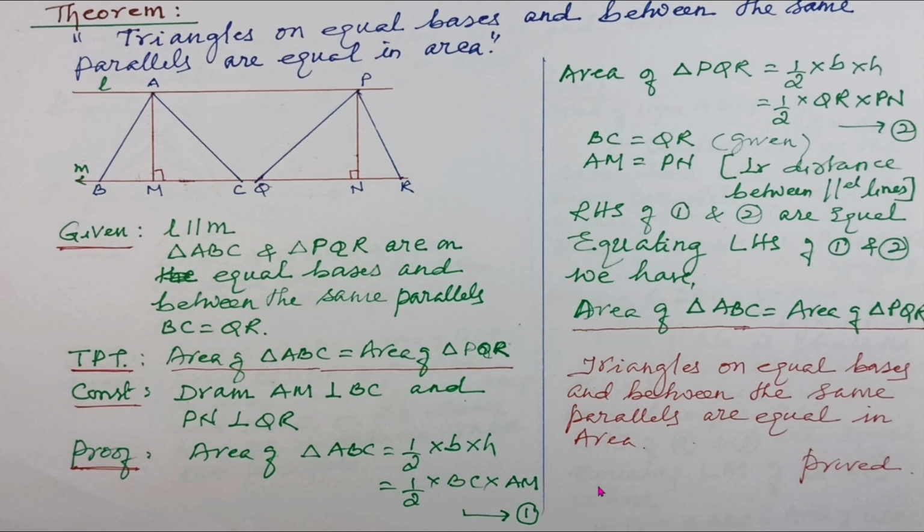Therefore the RHS of 1 and 2 are equal. If the RHS of 1 and 2 are equal, then we can equate the LHS. That means the area of triangle ABC is equal to the area of triangle PQR. So that is the theorem. So triangles on equal bases and between the same parallel lines are equal in area. Remember that. This is a very important theorem for us to remember.